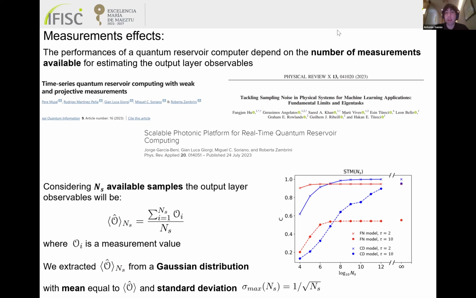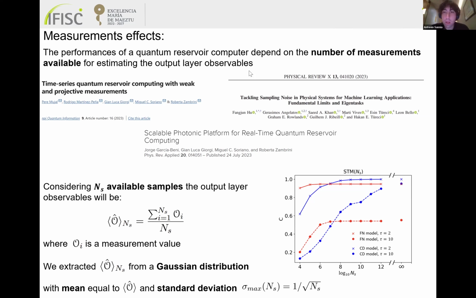Because in the real case, our number of measurements is finite, so our output layer is not composed of real expectation values, but of an average over a finite number of shots. So these effects of shot noise can decrease the performance of our reservoir computers.